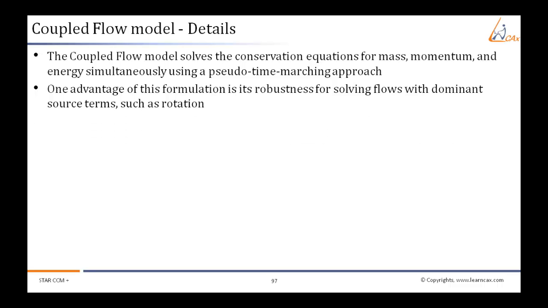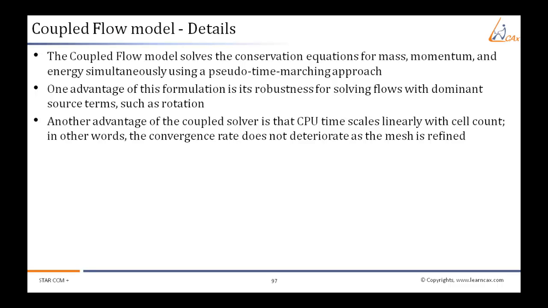The model has robustness for solving flows with dominant source terms such as rotation. Another advantage of the coupled solver is that CPU time scales linearly with cell count. In other words, the convergence rate does not deteriorate as the mesh is refined.